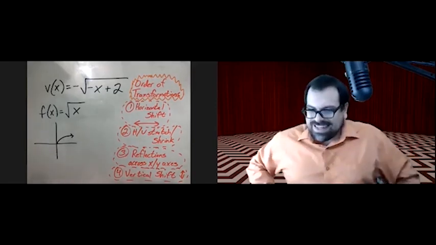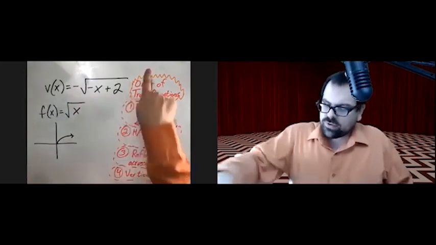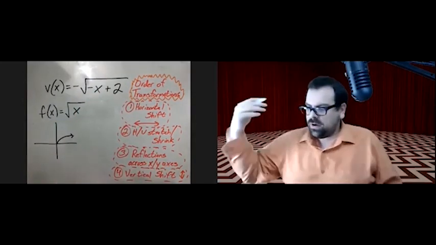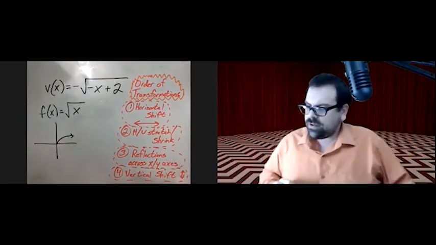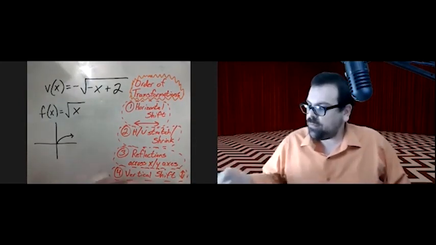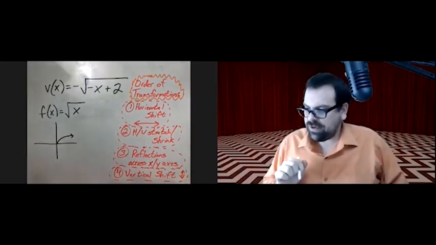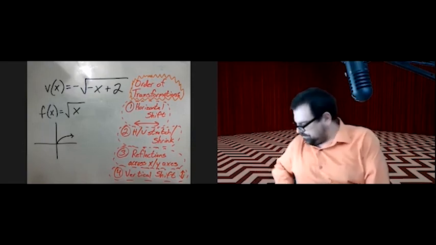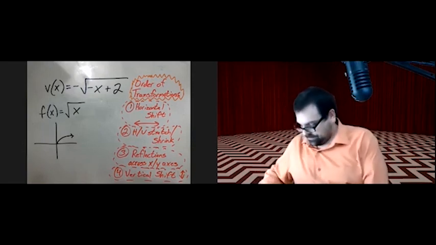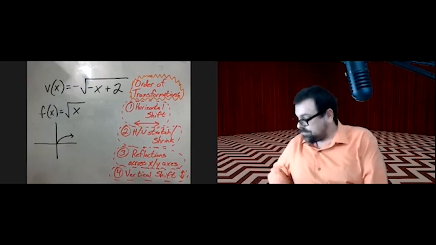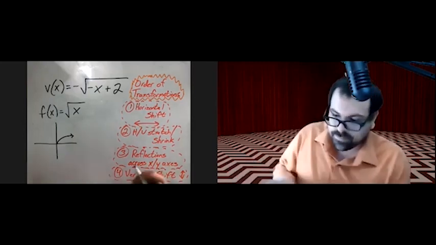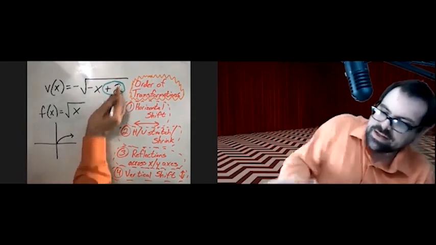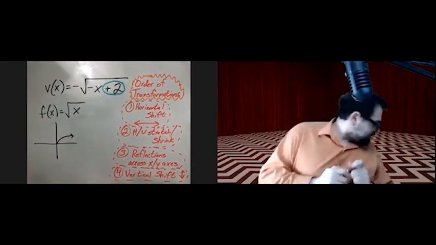So here, negative square root of the opposite of x plus 2. What our first transformation should be would be the horizontal shift. And here, that's whatever we're adding or subtracting to the x.